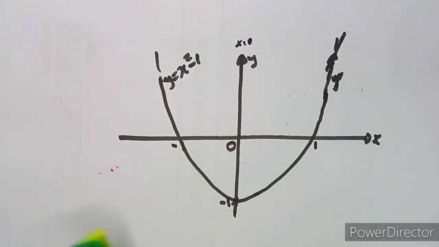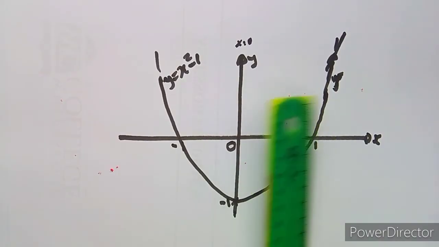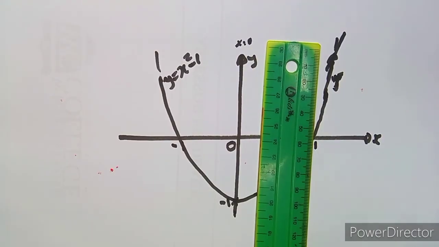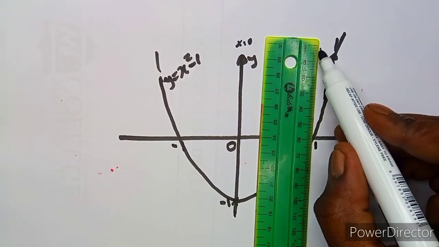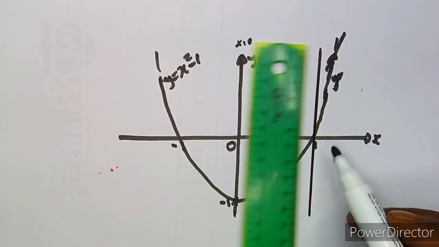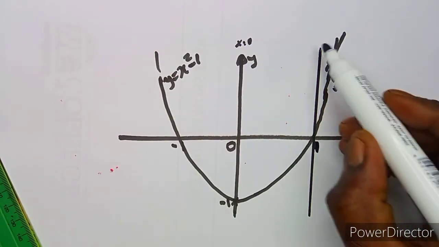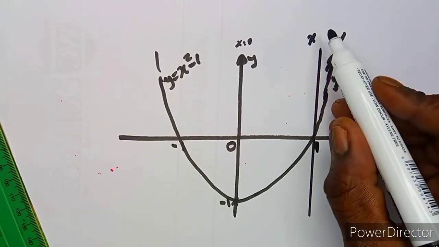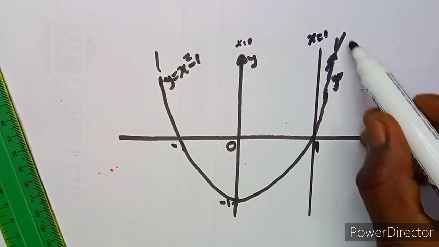So all these vertical lines represent the equation of x is equal to a number. So the line of x is equal to 1 is going to be determined here. This is the line where x is equal to 1.